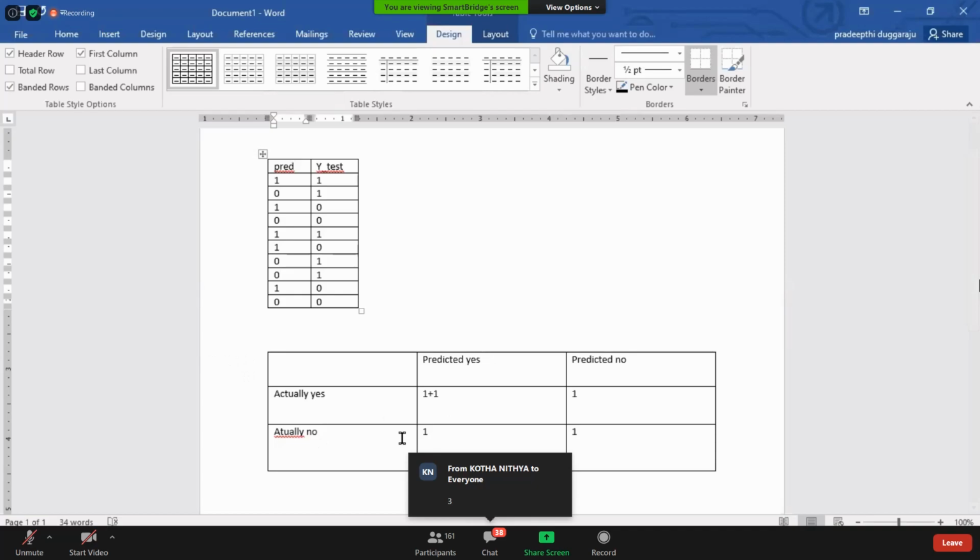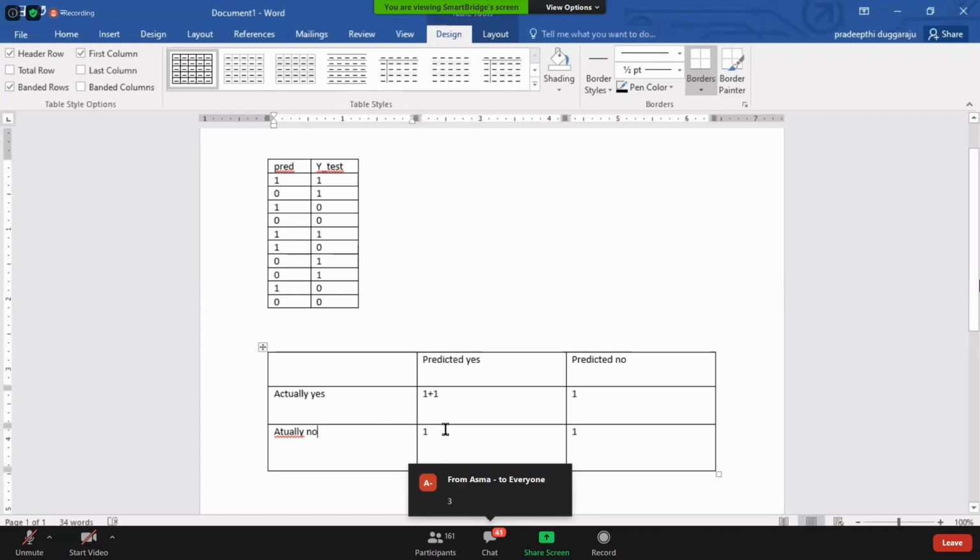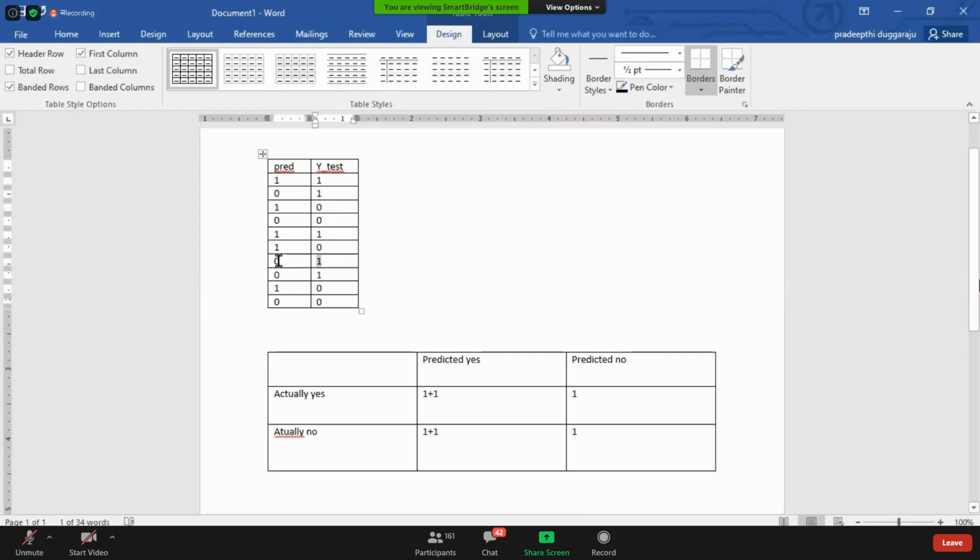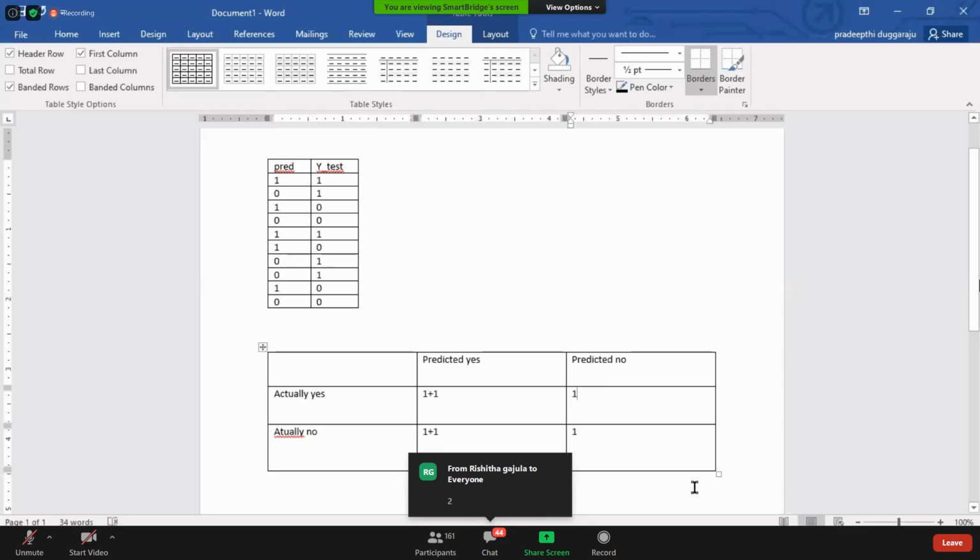So that means third column. Plus 1. Next. Actually, it is 1, but predicted as 0. That will be in the second column.